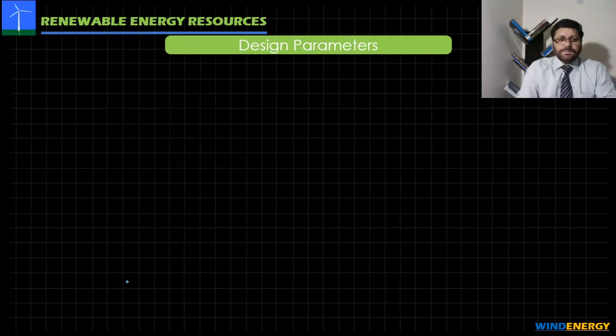Now we will discuss design parameters of the wind turbine. The first one is the rotor axis orientation.